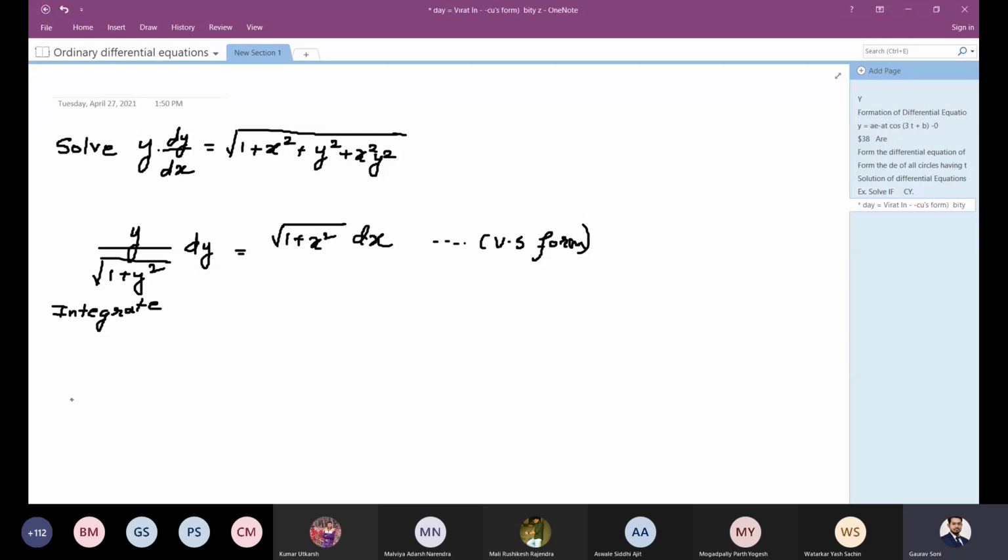So integration of y upon square root 1 plus y square dy, and integration of root 1 plus x square dx. What you can do in the first term is adjust: the derivative of 1 plus y square is 2y.